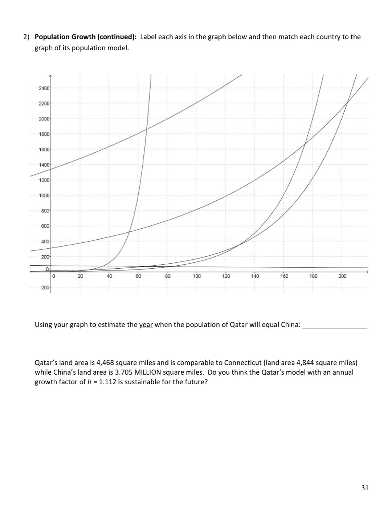Okay, next I want to label each of these graphs and match them to the country graph of its population model. Okay, so I'm going to start by looking at y-intercepts. There's a couple of them that stand out.